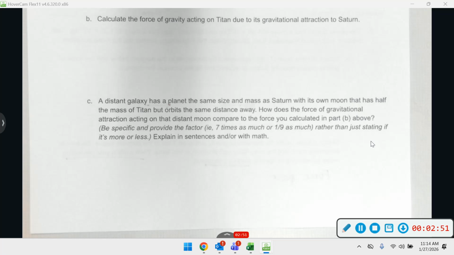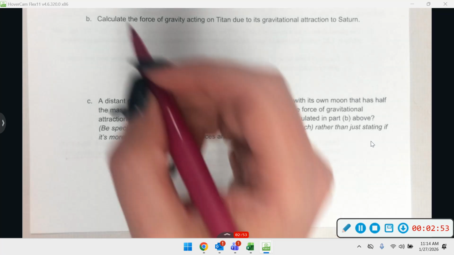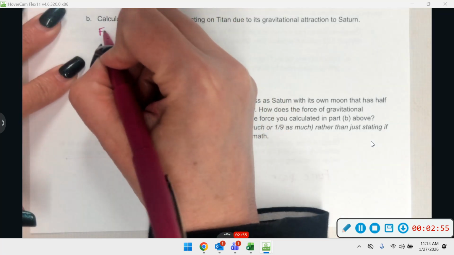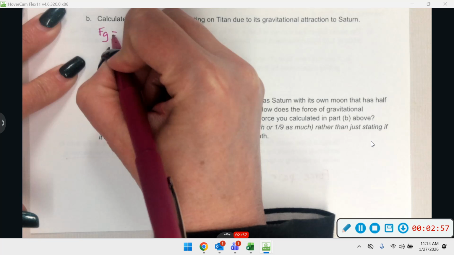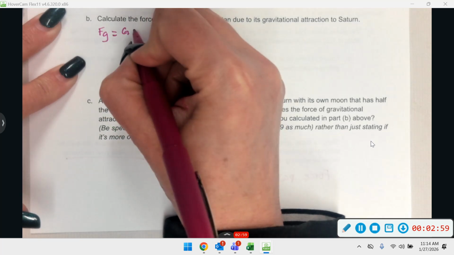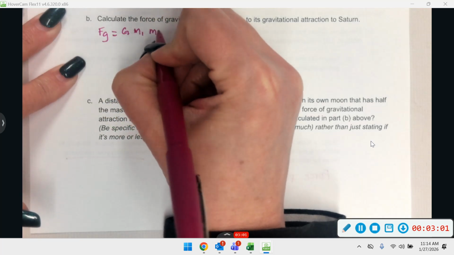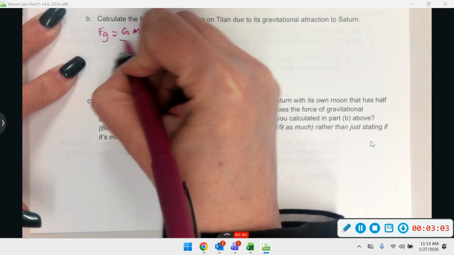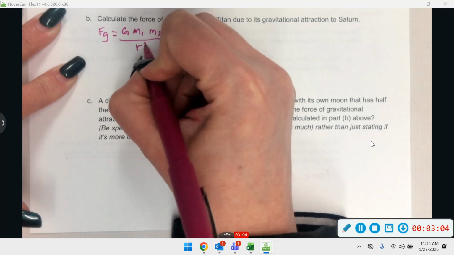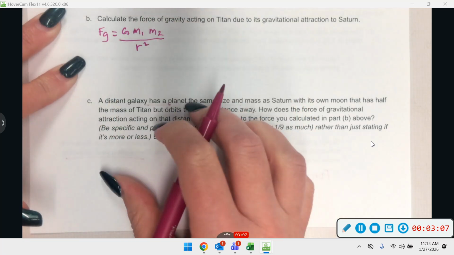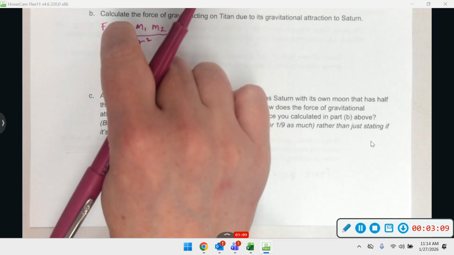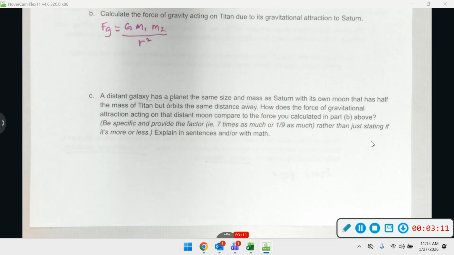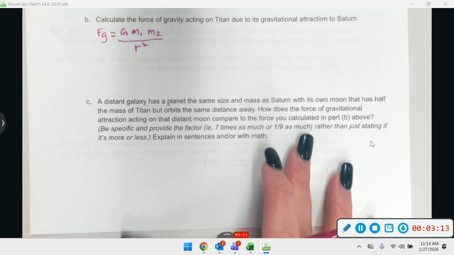So we know that the equation for this, Fg equals big G times m1 times m2, and then all of that over the distance between them squared. That's the equation. And again, you can put G up here, or you can write it in front of the fraction. It's mathematically the exact same thing, so I do not care.